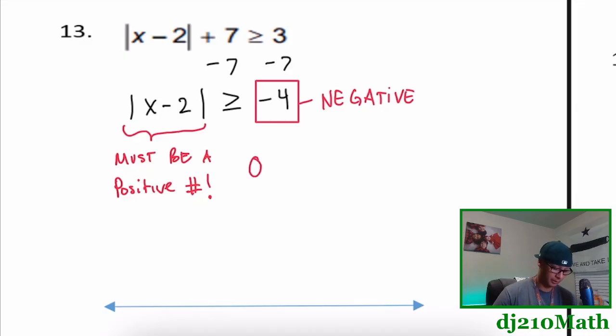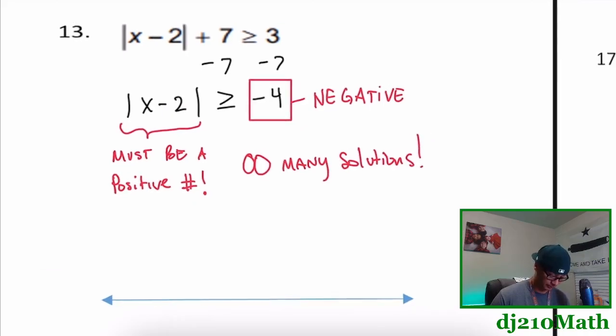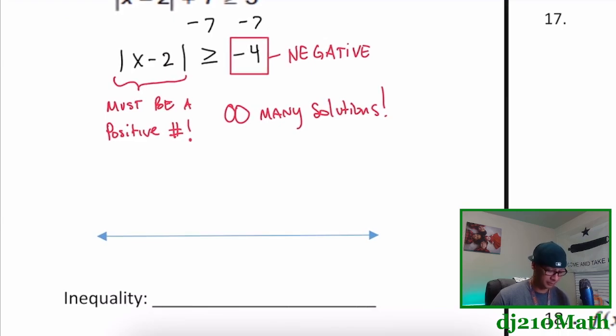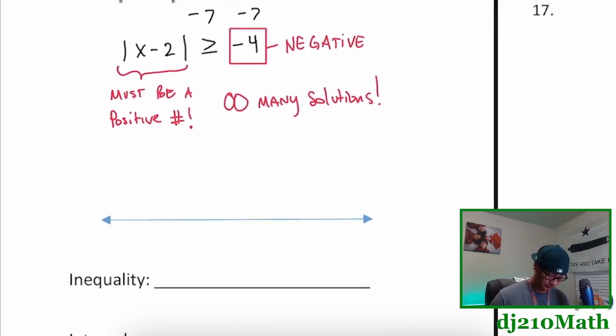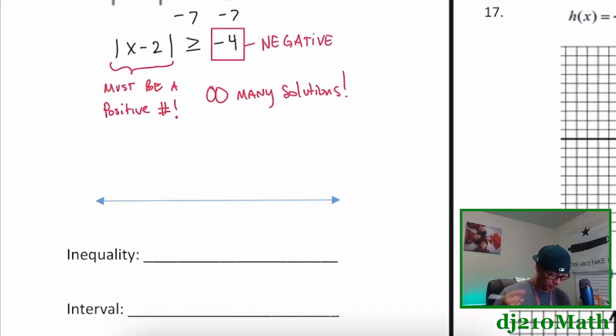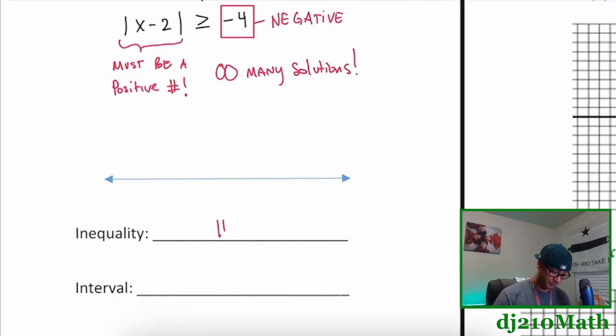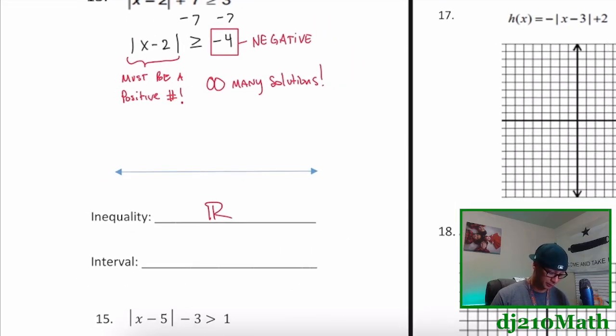So we have infinitely many solutions. And that's because all positive numbers are greater than a negative number, no matter what. And there's no graph associated with this. It's just infinitely many solutions. You could say all real numbers. That's one way, but it's infinitely many solutions.